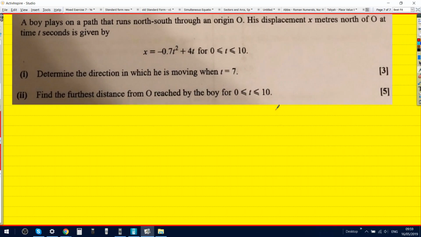I think the path is like that. Yeah. North is there, south is there.